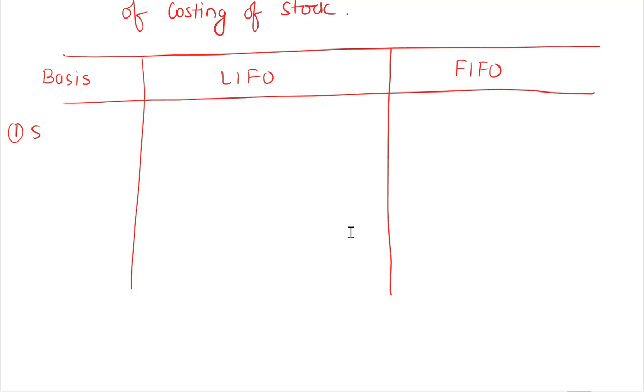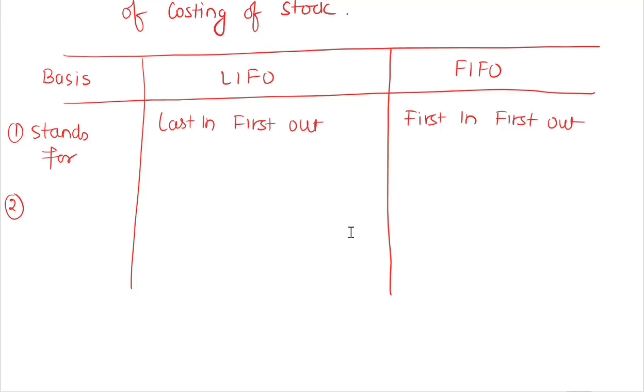The first basis is what it stands for. LIFO stands for last in, first out, whereas FIFO stands for first in, first out. What is the treatment of unsold inventory?